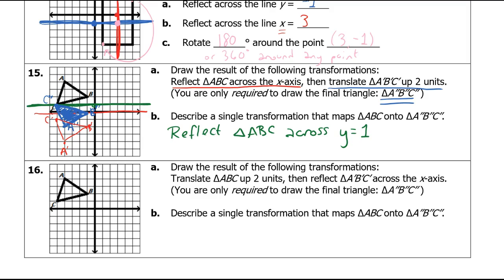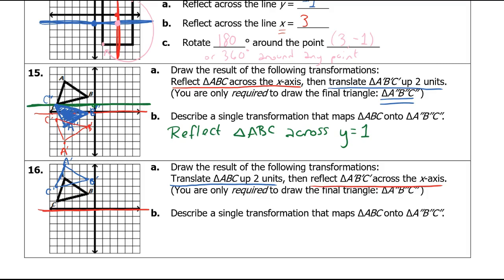This is telling us to first do the translation. So triangle ABC moves up 2. There's A prime, B prime, C prime. And then we take that blue triangle and then we'll do the reflection across the x-axis.